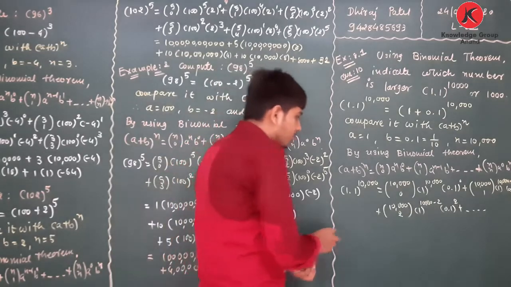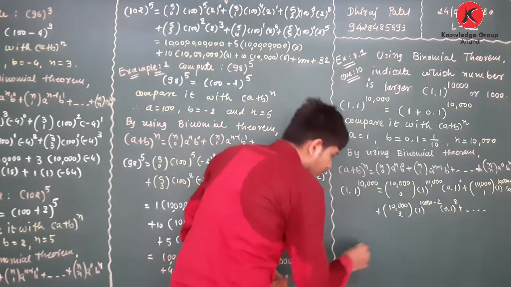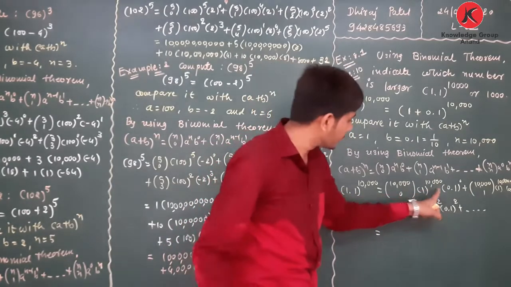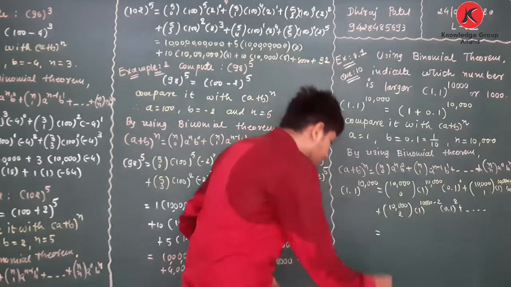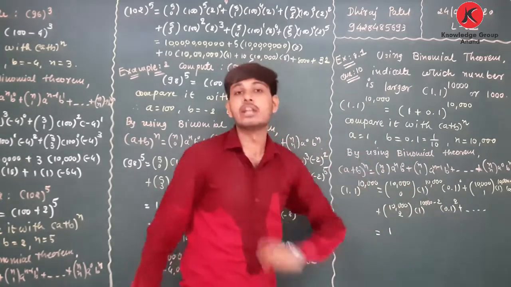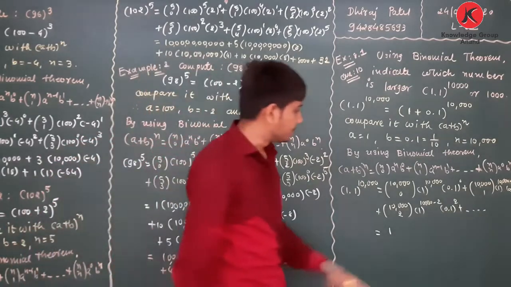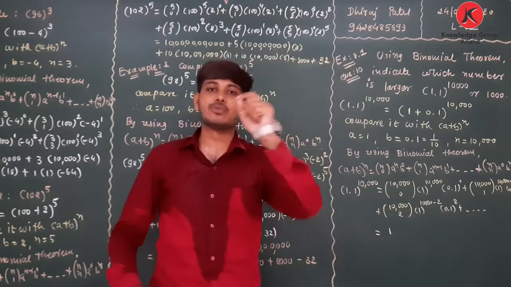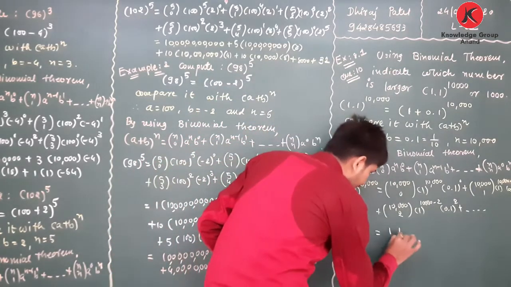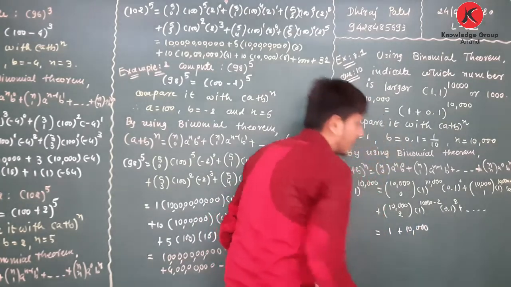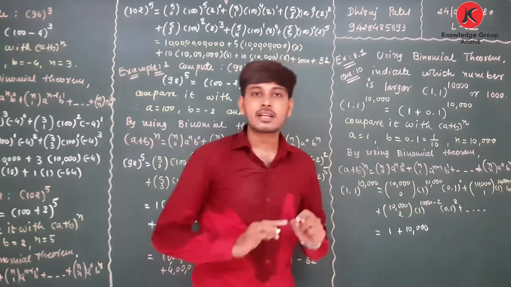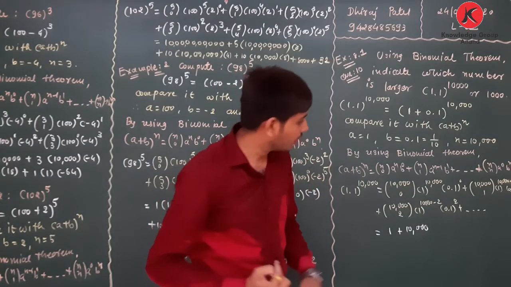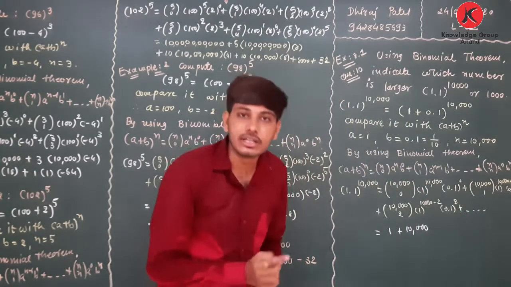See here, 10,000 C0 which is equal to 1, 1 raised to 10,000 which is also equal to 1, 0.1 raised to 0 which is also equal to 1. 1 into 1 into 1 becomes 1, plus we know that C1 is n, therefore 10,000 C1 is equal to 10,000 here, into 1 raised to 10,000 minus 1. 1 raised to any power, answer is 1, and into 0.1 raised to 1.